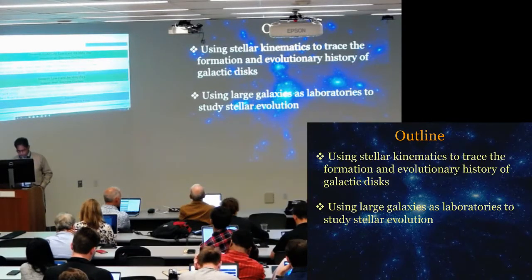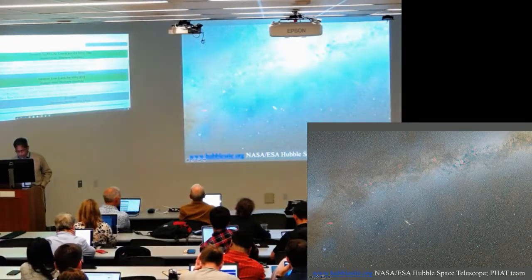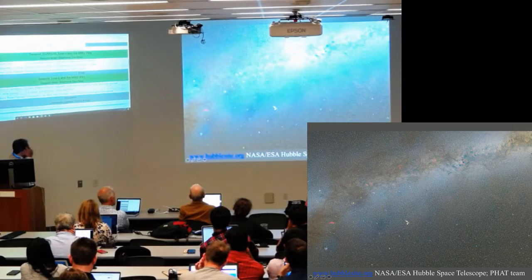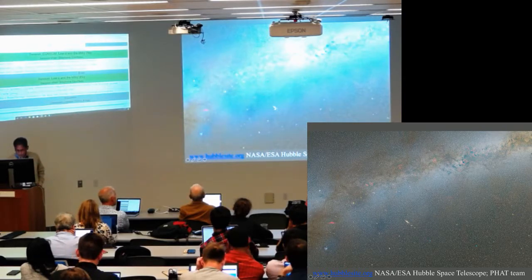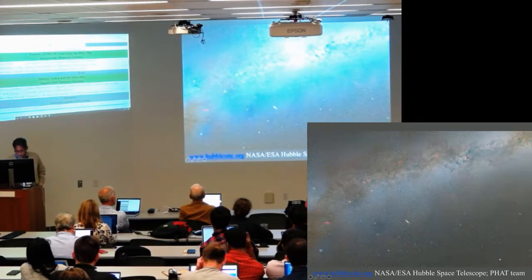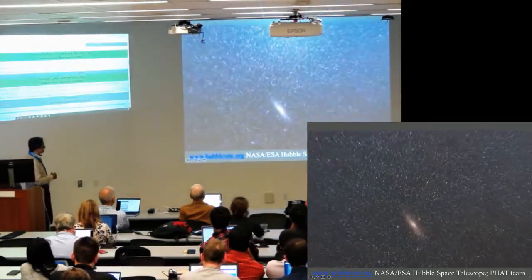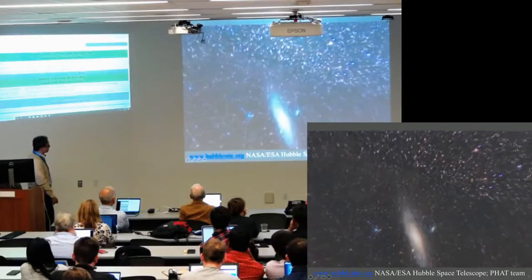So I've shown this next thing here before, but this movie never gets old for me, so I'm going to show this again. This is the arc of the Milky Way with, that little blip is Andromeda. We're going to zoom in using this HST mosaic, a large mosaic of about 3,000 images.